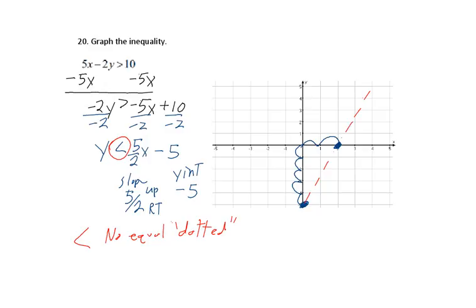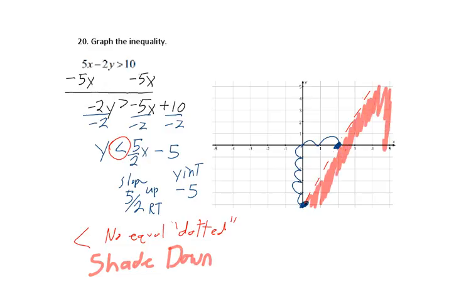And because it says less than, that means we're going to shade down. So everything underneath the red dotted line, I will shade underneath. I'll do that in pink. And this picture is the correct answer.